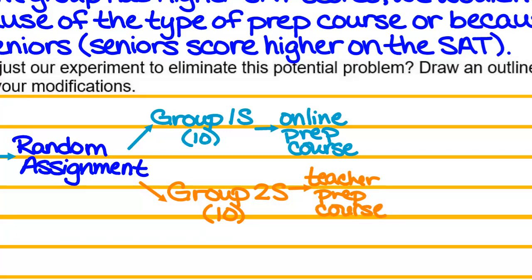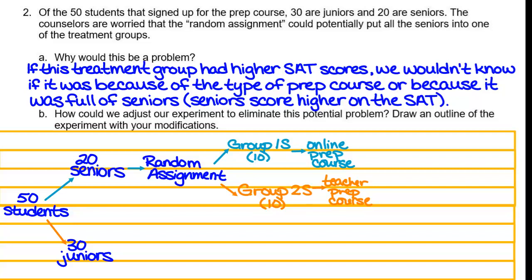All right, still just looking at my seniors. After they've taken either the online prep course or the teacher prep course, what do I want to do now? Compare their SAT scores.